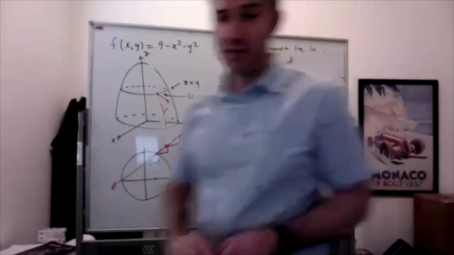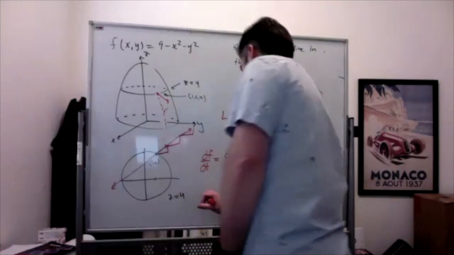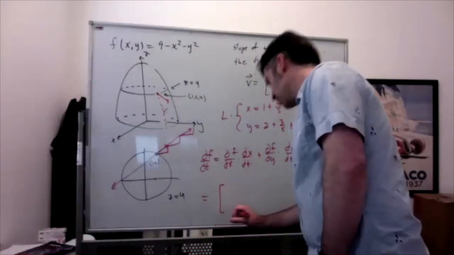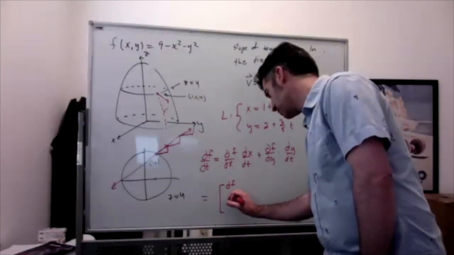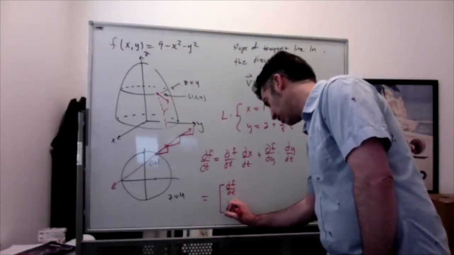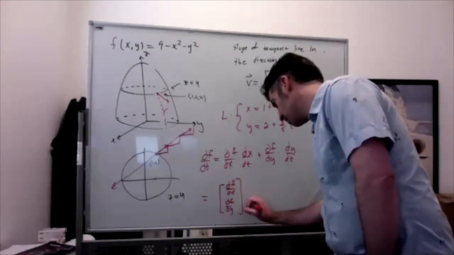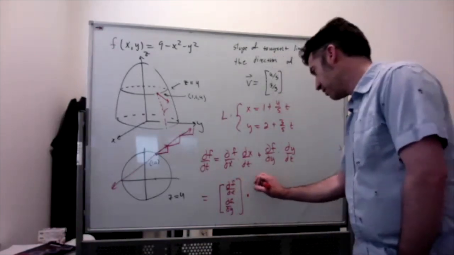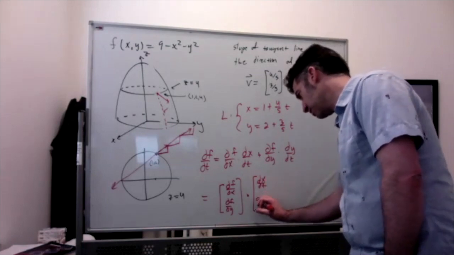Now, there's a very particular way of thinking of this. This is equal to the vector (∂f/∂x, ∂f/∂y) dotted with the vector (dx/dt, dy/dt).